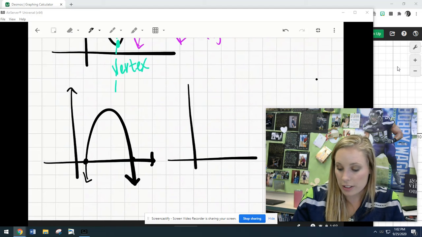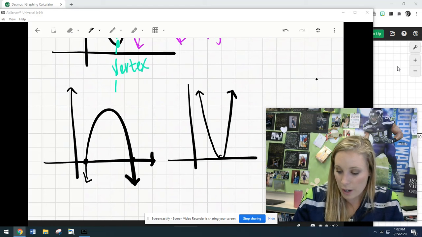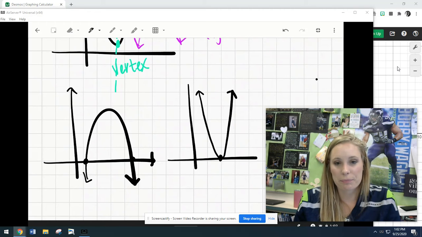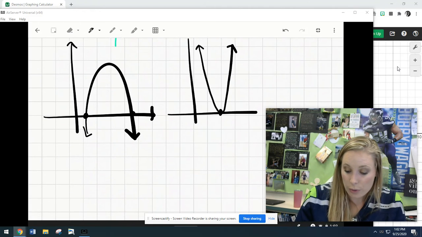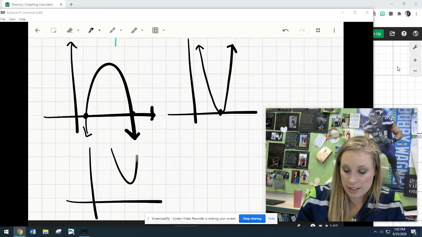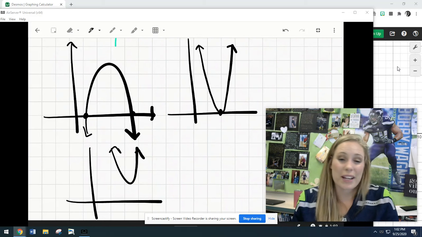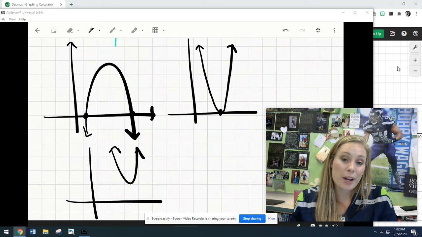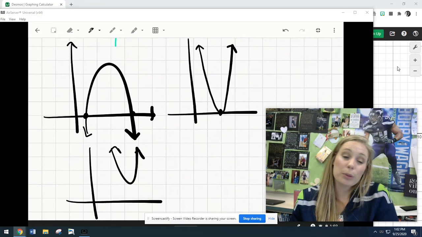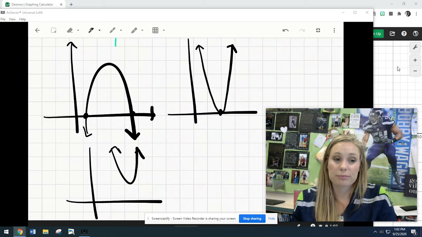A quadratic function like this has 1 x-intercept. And a quadratic function like this has no x-intercepts. So you have the potential to have 2 x-intercepts, but you could have 1 or none.